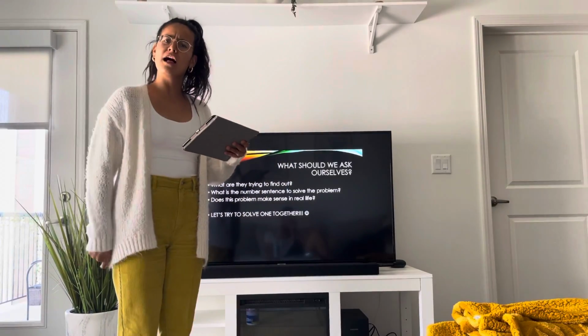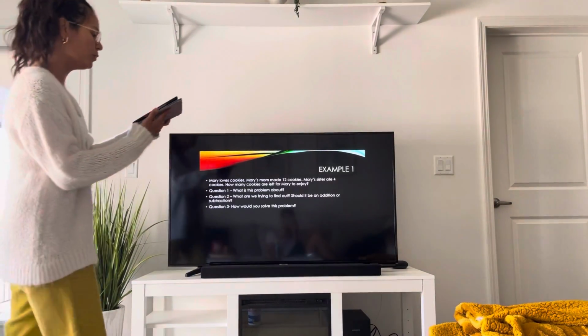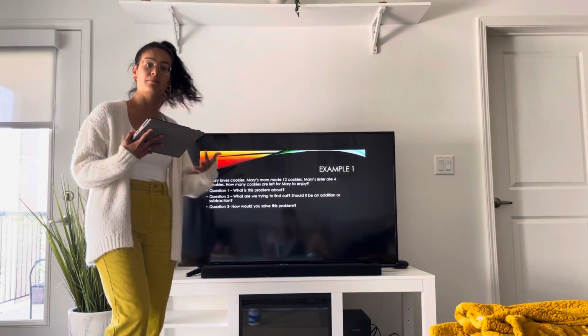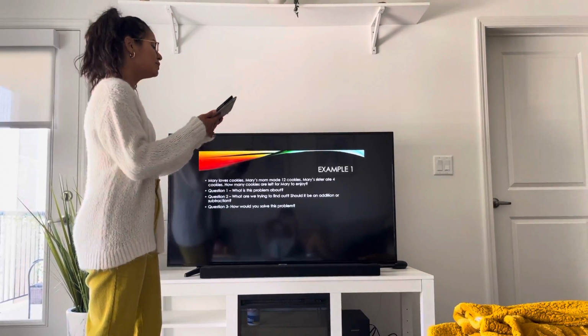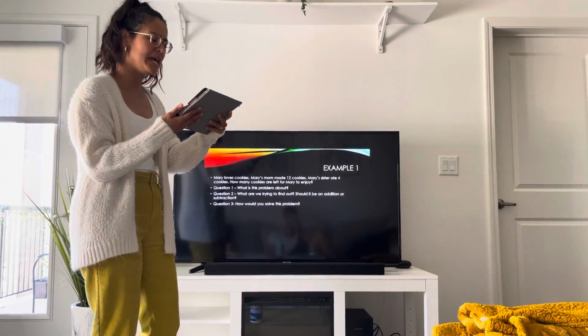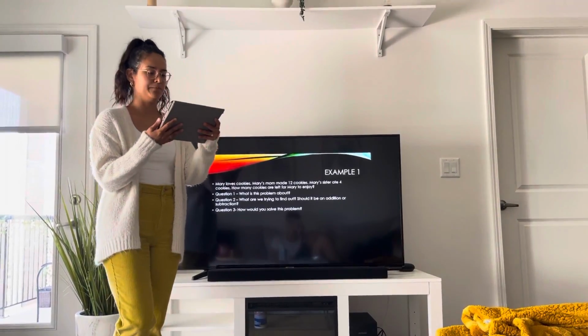So let's try to solve one word problem together. All right, example 1. I'm going to go ahead and read the problem, and we'll talk about it together. So Mary loves cookies. Mary's mom made 12 cookies. Mary's sister ate 4 cookies.